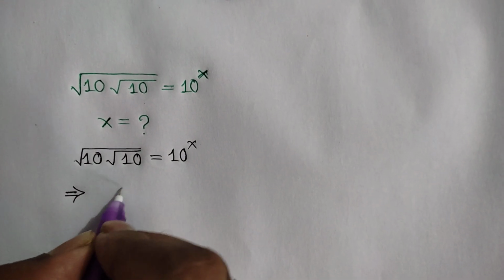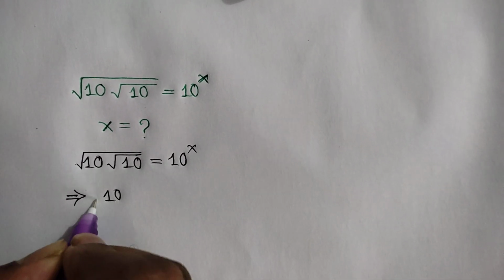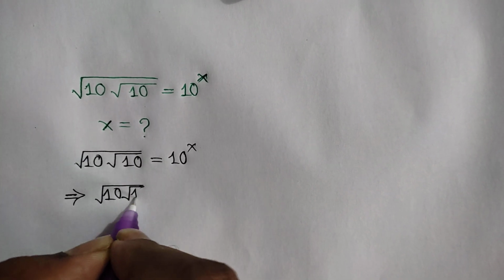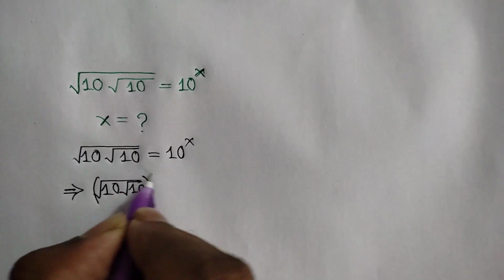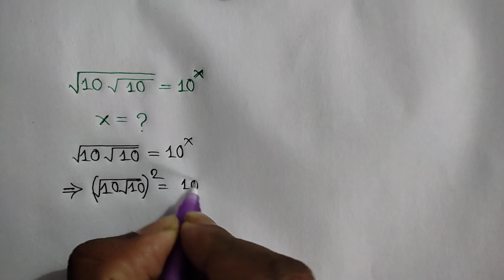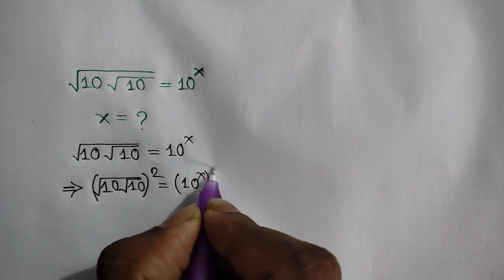Squaring both sides, we can write square root of 10 whole square is equal to 10 to the power x whole square.